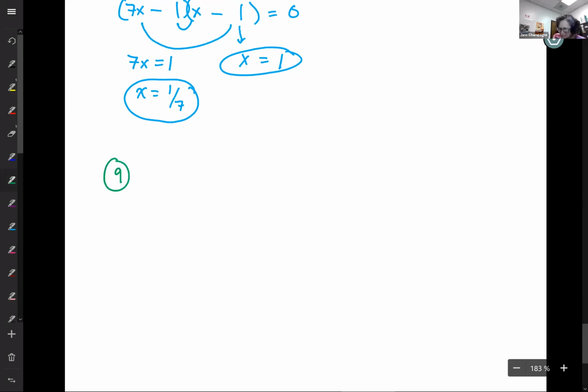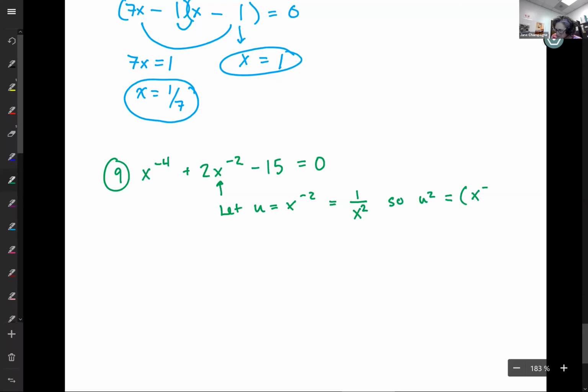Number 9, x to the negative 4 plus 2x to the negative 2 minus 15 equals 0. So I'm going to let u equal x to the negative 2, which you want to remember is 1 over x squared, so that u squared is x to the negative 2 squared, which is x to the negative 4, or 1 over x to the 4.